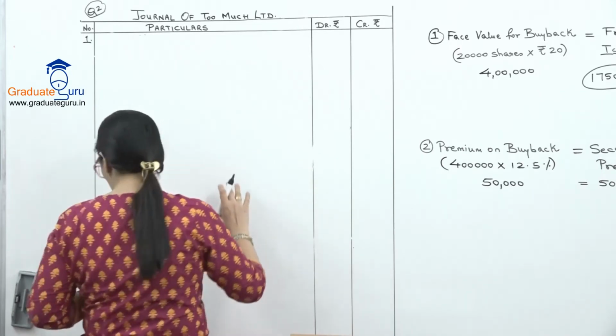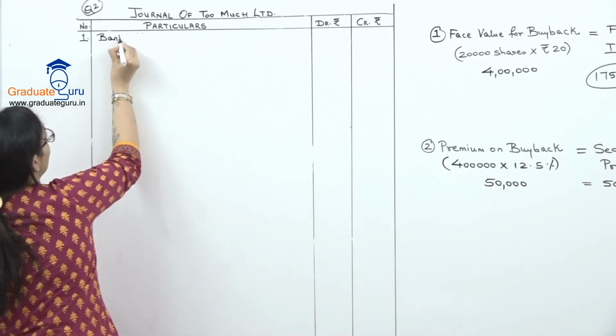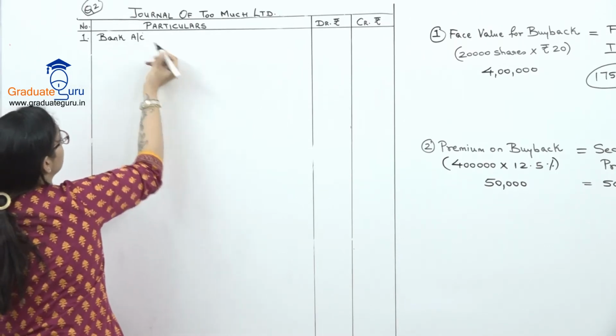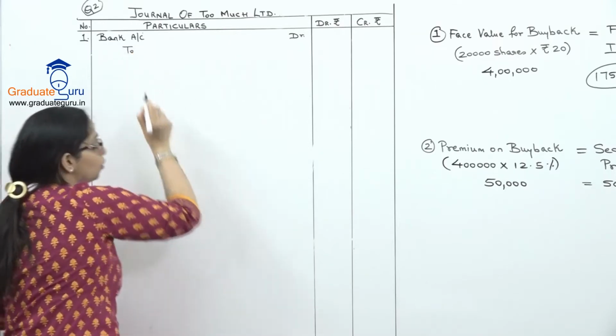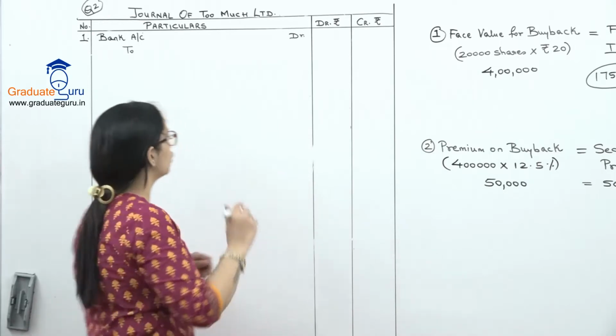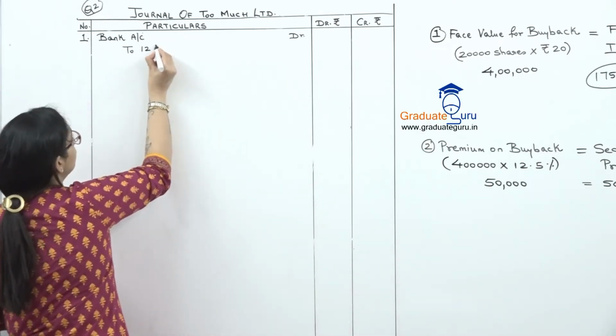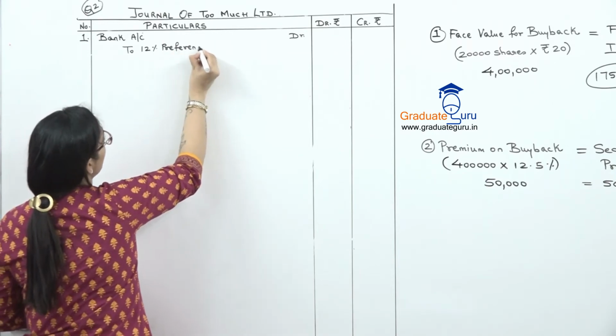So first entry I'm going to do for my fresh issue. We will get cash or bank, so we will debit our bank account. And what are the preference shares that we are issuing? They've said 12% preference shares. So to 12% preference share capital.